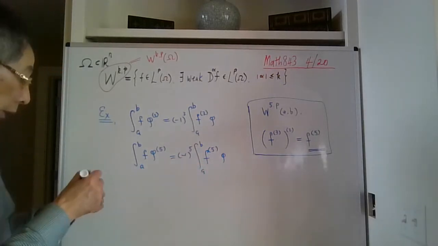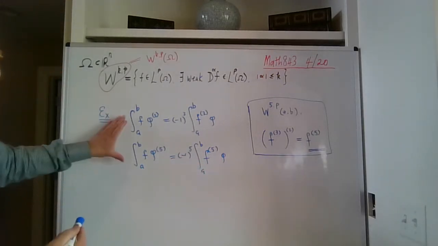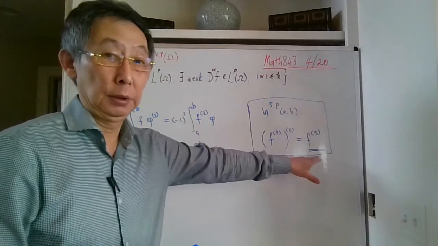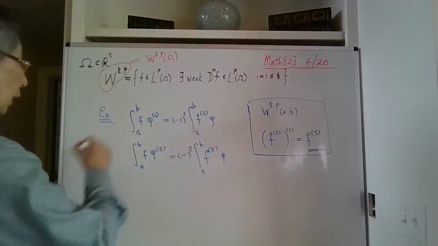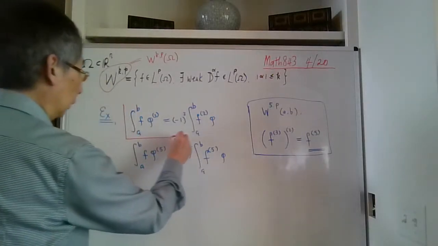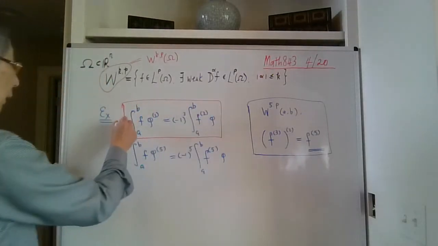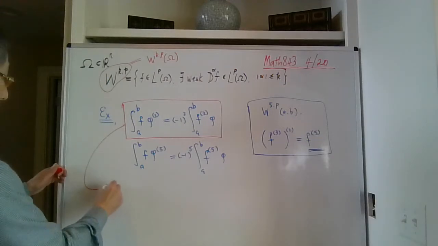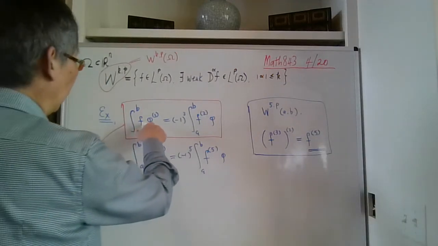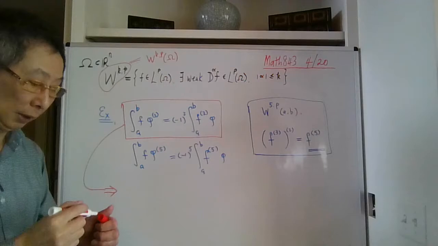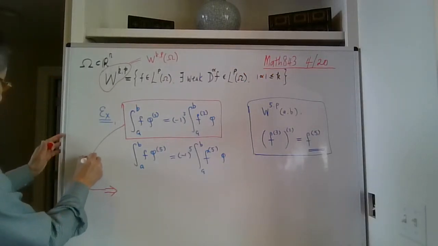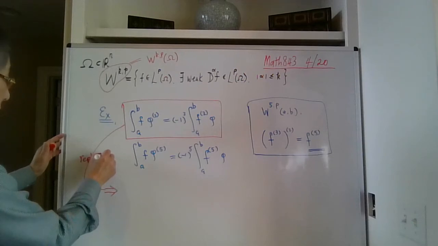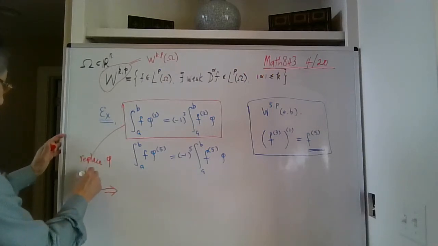So here we are trying to combine these things together. The idea is that you look at the first identity, and you can see that this is true for every phi function, every testing function. So what you do is replace this phi by the second derivative of phi.